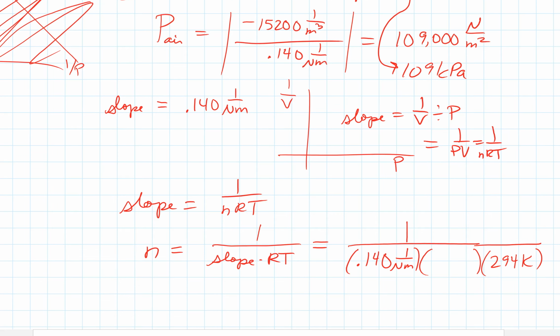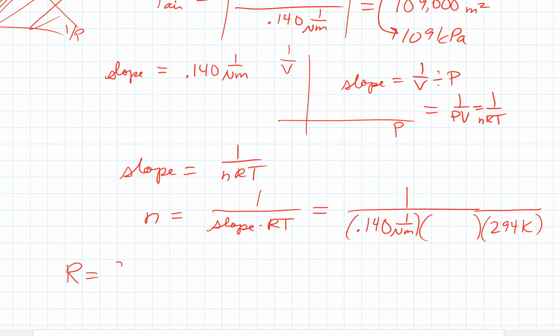Okay, now R, you're used to R using 8.31. I want to say, is it kilopascals times liters over mole Kelvin? Well, it turns out that kilopascals times liters is the same thing as joules.